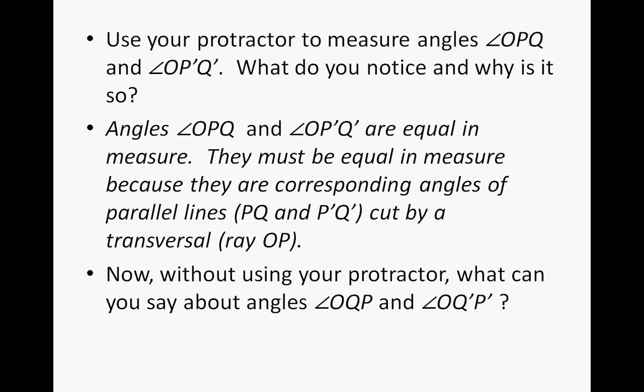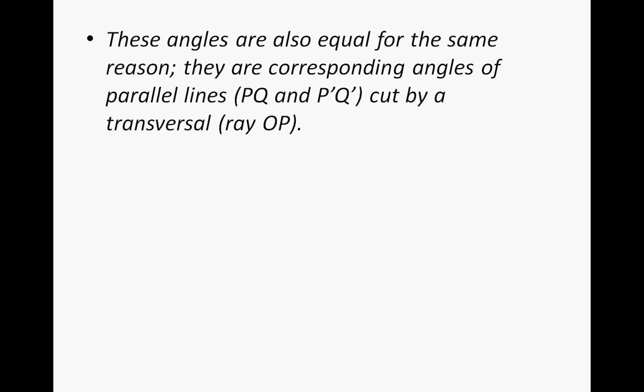Now, without using your protractor, what do you think about the angles OQP and OQ prime P prime? These angles are also equal for the same reason. They are corresponding angles of parallel lines PQ and P prime Q prime, cut by the transversal.